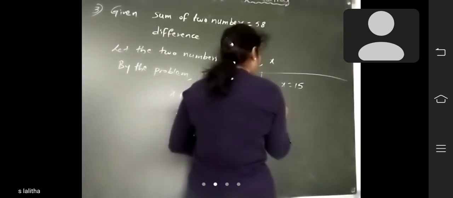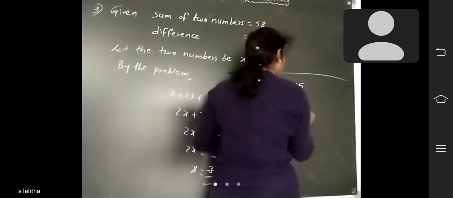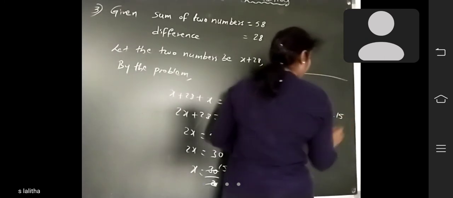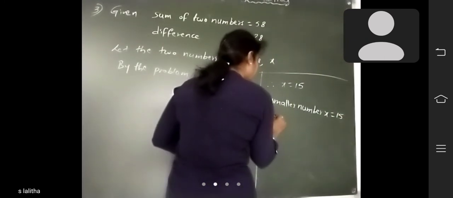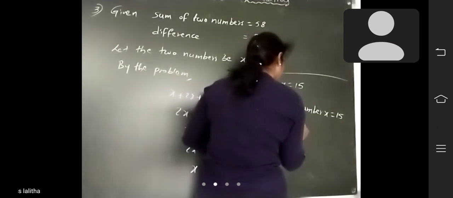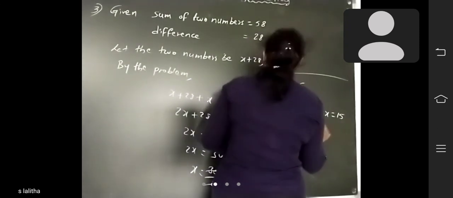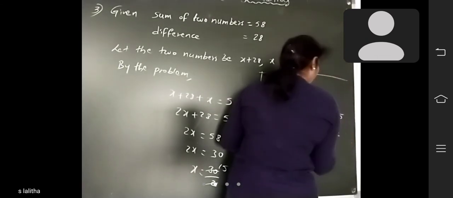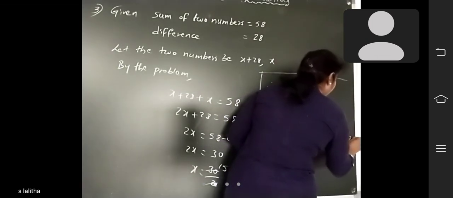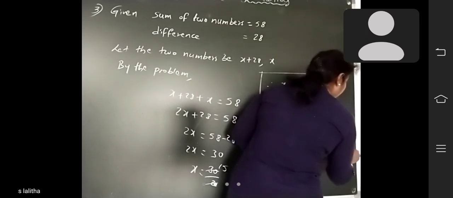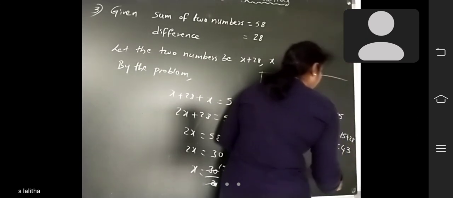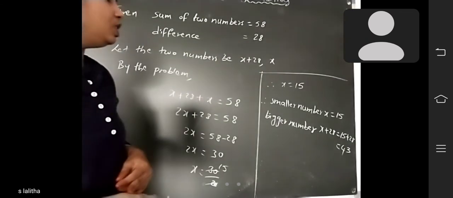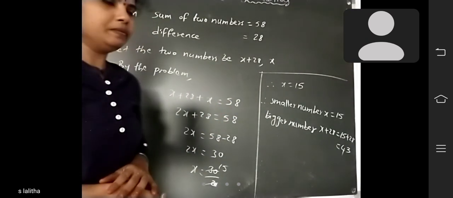So the smaller number x is equal to 15 and the bigger number, what are we taking? x plus 28. x plus 28 is equal to 15 plus 28. How much? 43. 43 plus 15, children? 58. Okay children?